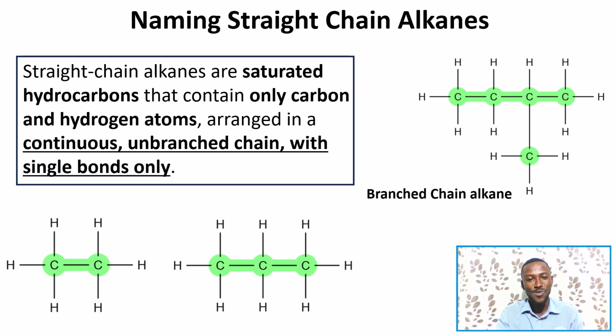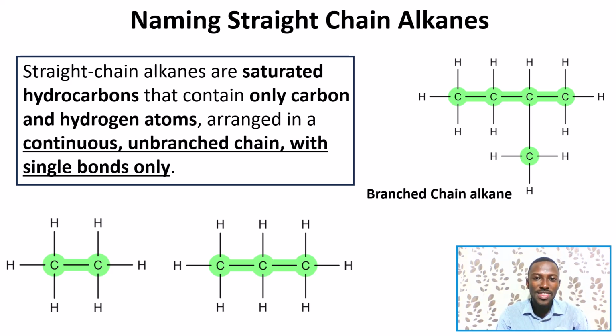That is not the focus of this lesson. The focus of our lesson is these two: the first one with 2 carbons and the next one that has 3 carbons. So these are the straight chains we are talking about. They have carbon atoms arranged in continuous form. We don't have any branches in them.